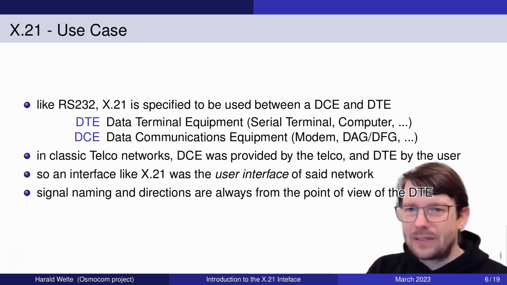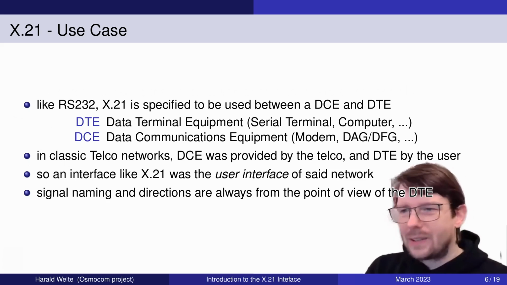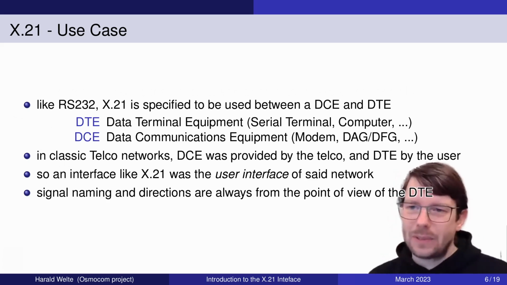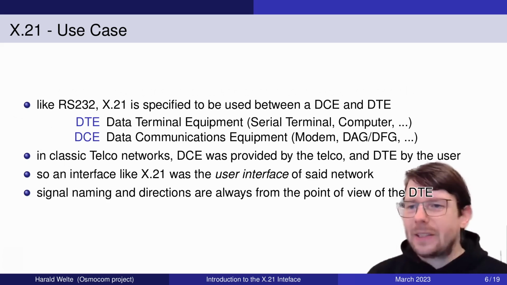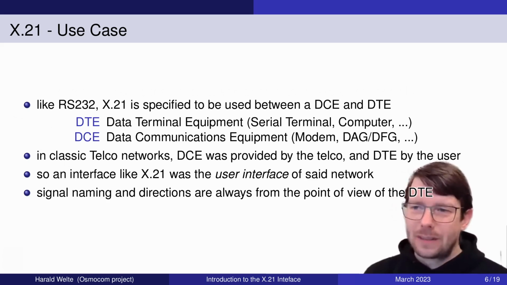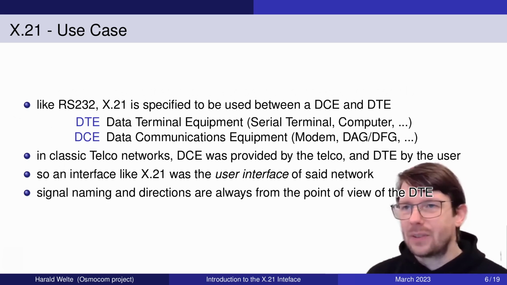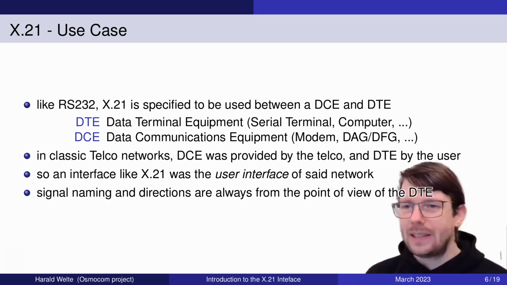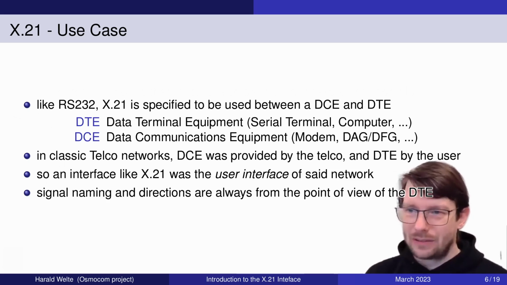Most people will have worked with or know about modems or ISDN terminal adapters, or in this context of X.21, for example, the DAG or DFG, the German type of equipment that was used with the DATEX-L CSPDN. In classic telco networks, the DCE was owned and provided by the telco, and the DTE was owned and provided by the user. So this interface between DTE and DCE was the user interface of the public communication network.